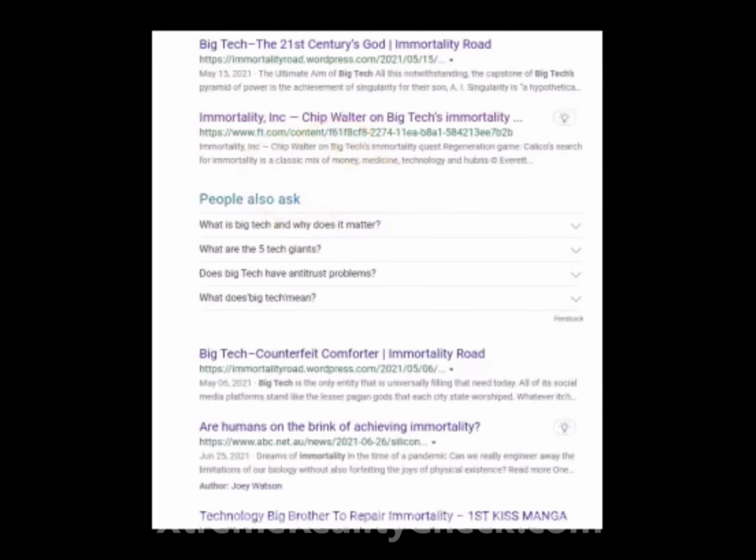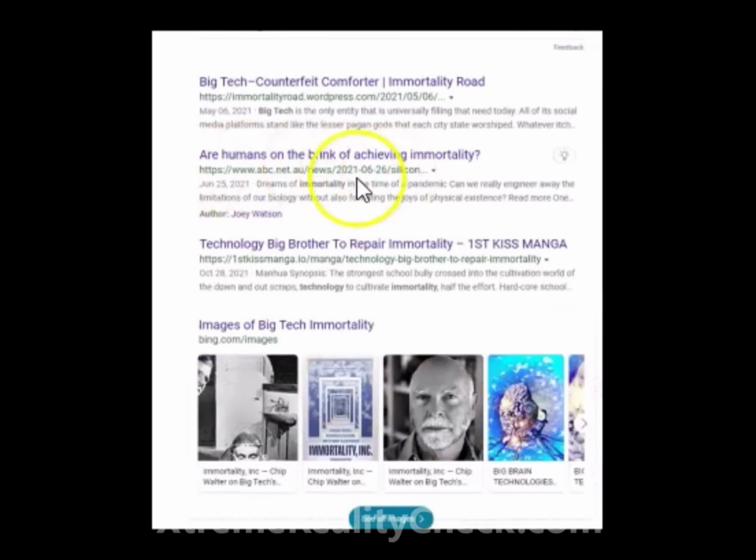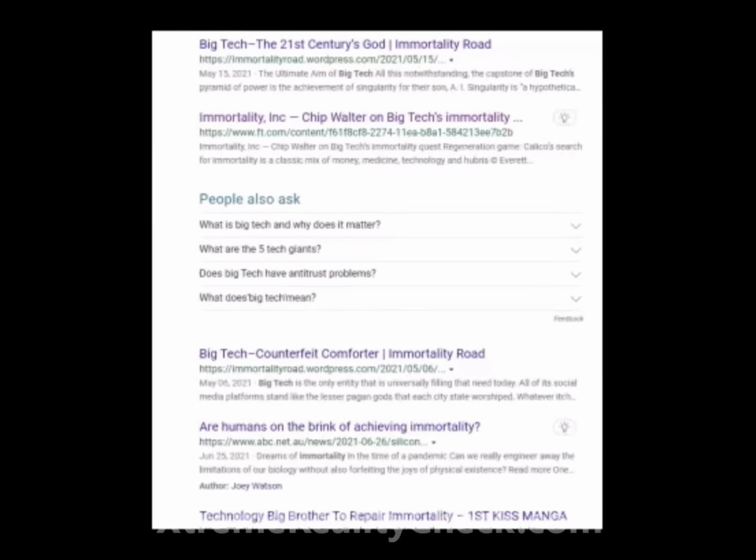Like this says it well, a mix of money, medicine, technology, and hubris. They believe they're on the brink of achieving immortality because we can isolate genes now and they can pick out the traits that they want and genetically engineer themselves. It's Gattaca.